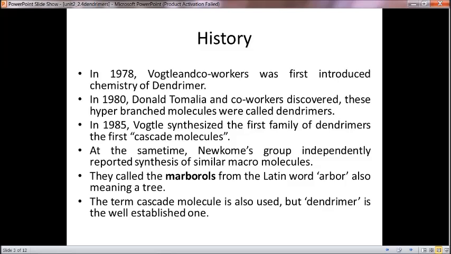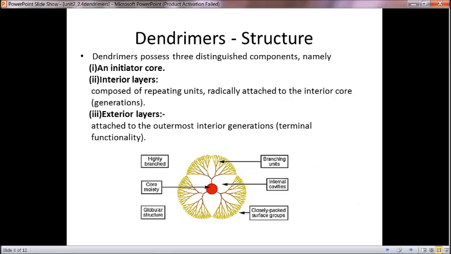The dendrimer structure has an initiator core, an interior layer and an exterior layer. So these are the components of the dendrimer. The initiator core we have already seen. The core is the internal cavity, and it is highly branched, and branching units are also there.